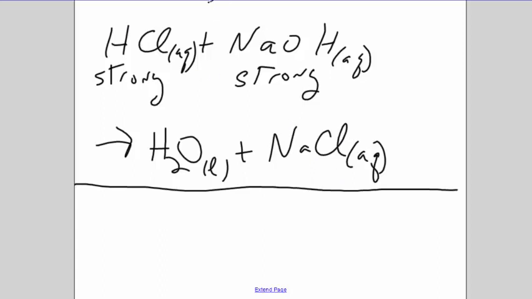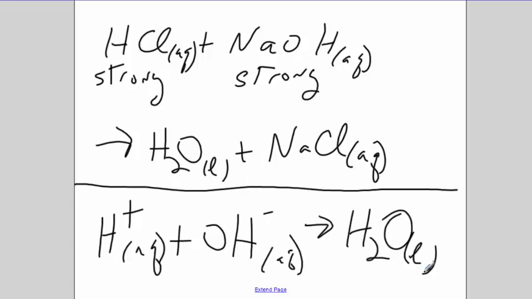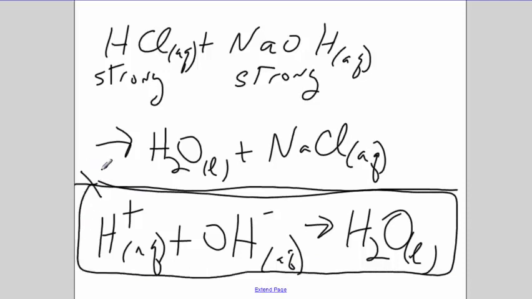The Na pluses are going to cancel. The net ionic equation is going to be H plus OH minus yields liquid water. That is always the net ionic equation for a strong acid plus a strong base. It doesn't matter which strong acid or which strong base, that's the net ionic equation.